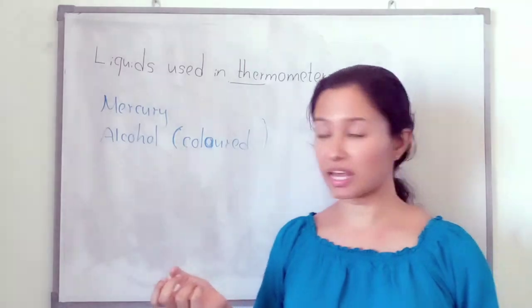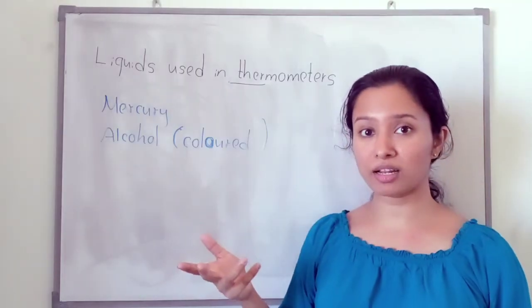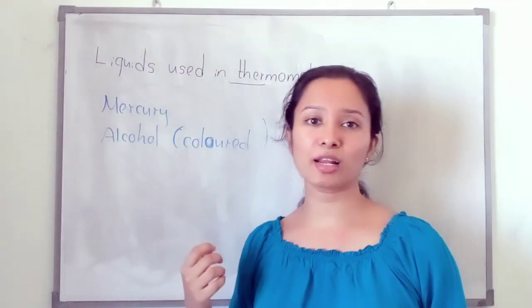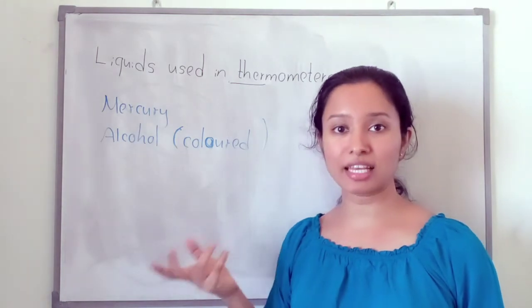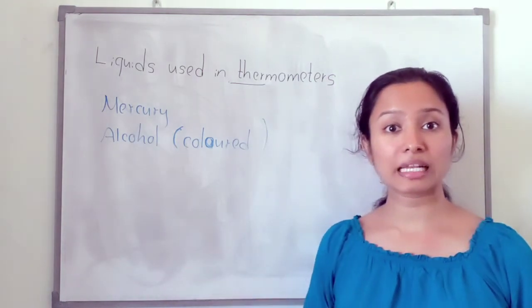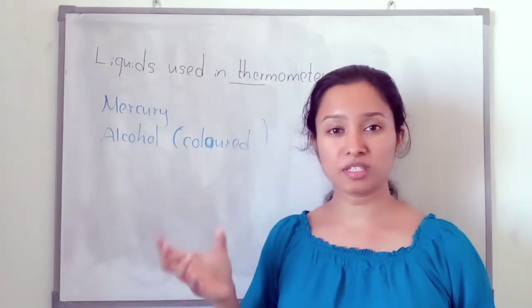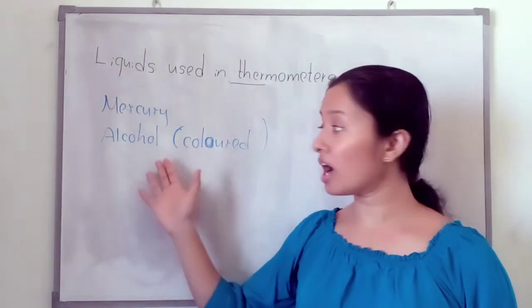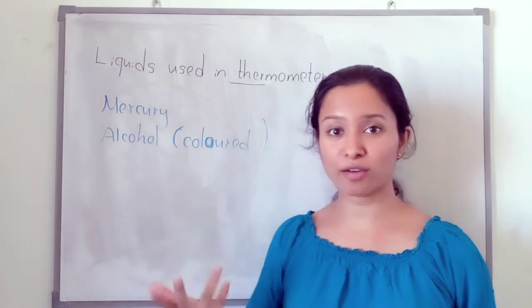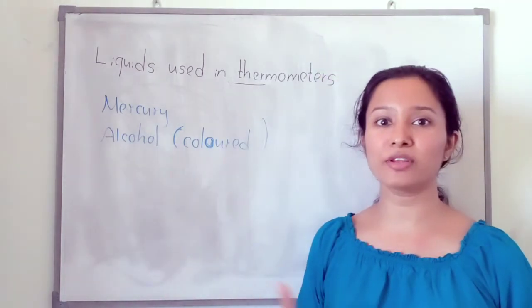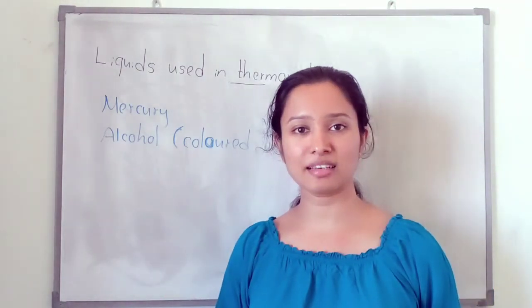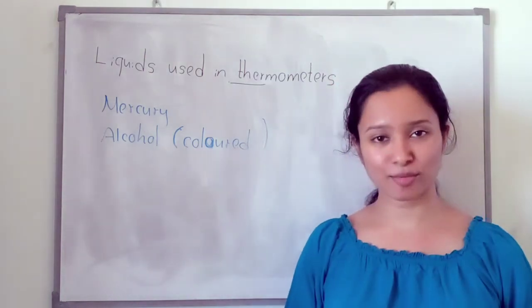In addition to that, when using alcohol, colored alcohol is used as the liquid for clear observation. Otherwise, we cannot observe clearly when we are using uncolored alcohol. So, we have to use colored alcohol when we are using alcohol as the liquid of a thermometer.